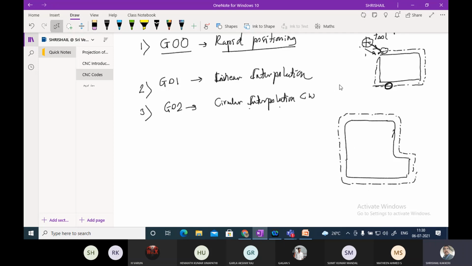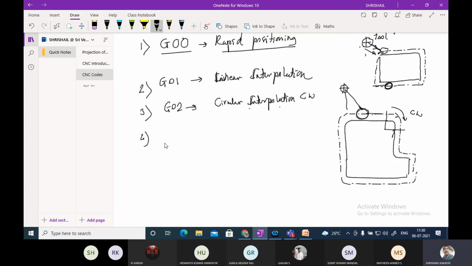Earlier, for example, this was the home position and it has traversed to this point, it has come here. And now it is moving to this point, and you can see that it rotates from here to here, this segment, it is circular interpolation clockwise. Correct? No? Circular interpolation clockwise. And if you are going to move like this, it is circular interpolation counterclockwise. That is the thing what I wanted to tell you.